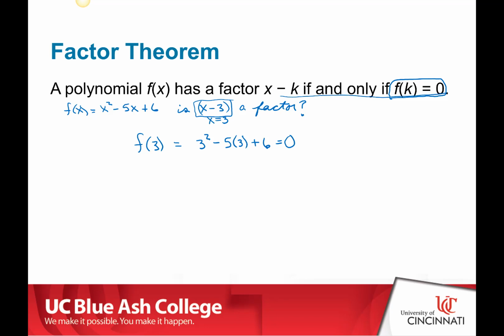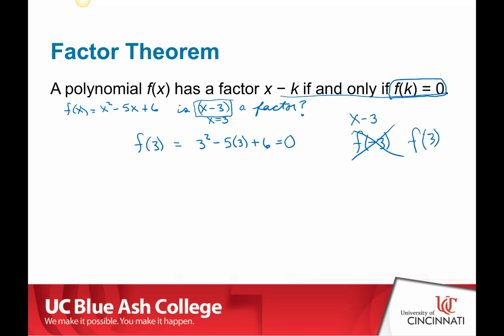Now the thing that will mess people up is if they're given a factor like x minus 3, they will try substituting in a negative 3. That will not work because that is not the value of x that you're being given, is it? That is not right. It needs to be the function evaluated at positive 3.